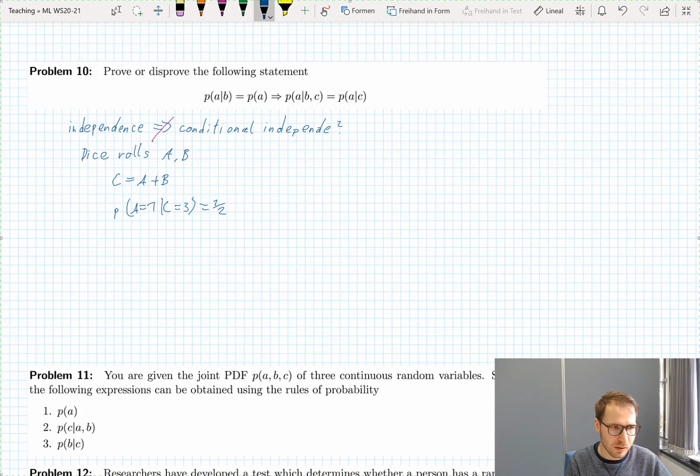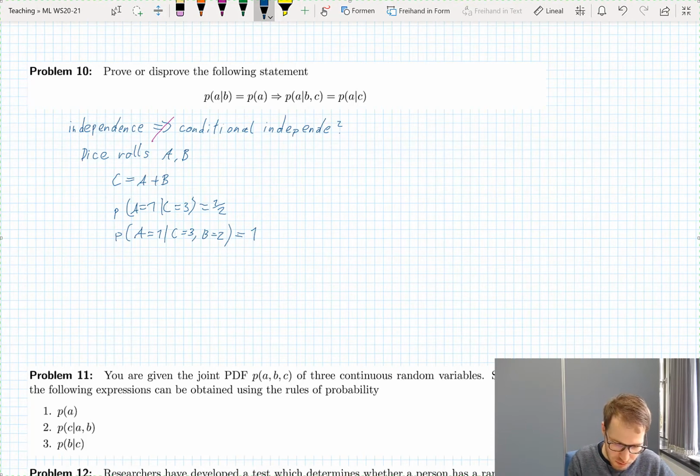And now we say, what if we condition this on the other roll? So what is the probability of this being 1, given that C equals 3, and we know that B equals 2? Well, there's only one possibility here. A has to be 1. Otherwise it wouldn't sum up to 3, right? So the probability is 1.